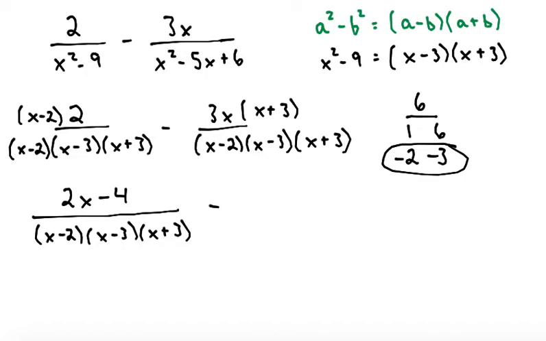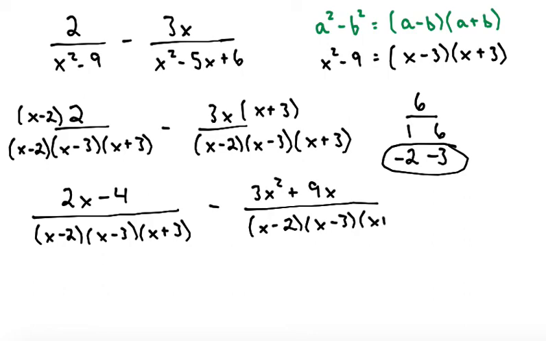Minus, if we distribute the 3x to x, we get 3x squared, and the 3x to 3, we get 9x. Bring down our denominator. And now, since our numerators have been distributed, we can subtract the numerators.